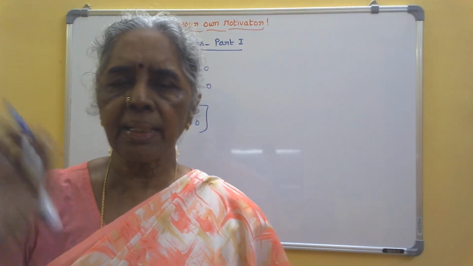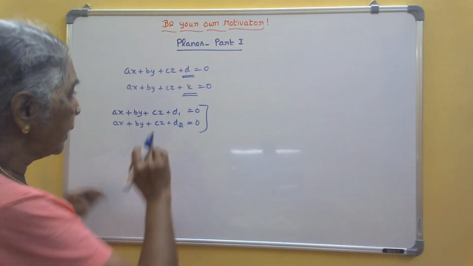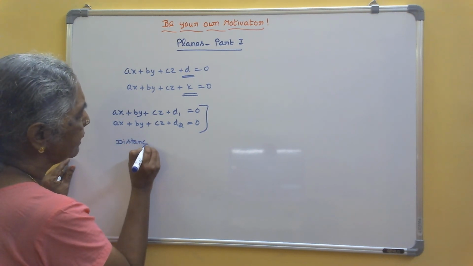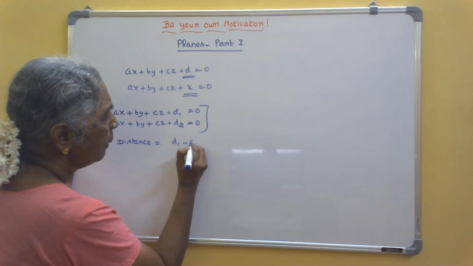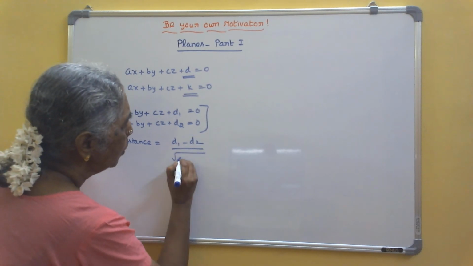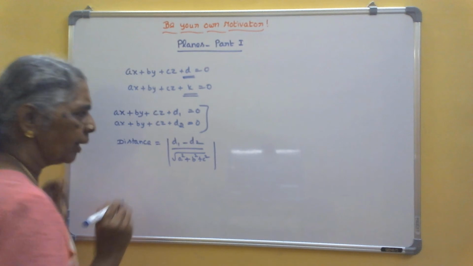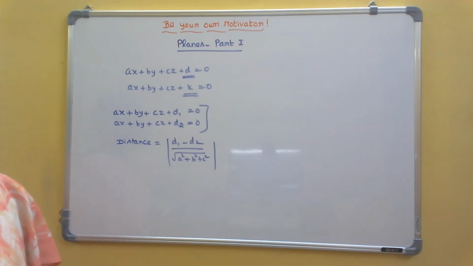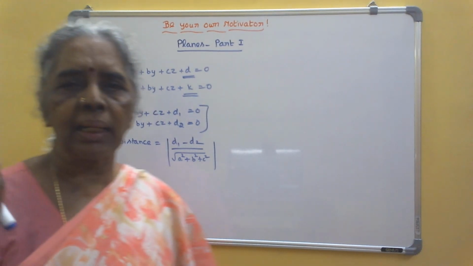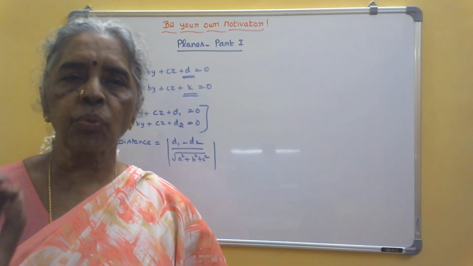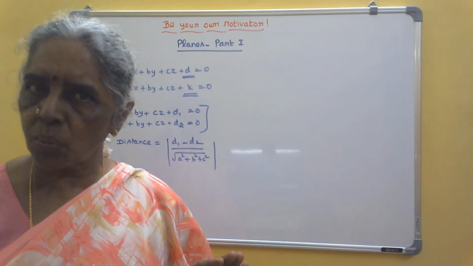Only the constant is differing. Now, the distance between these two parallel planes will be mod of d1 minus d2 by root of a square plus b square plus c square, the whole mod. That's all. So, the distance between two parallel planes is d1 minus d2 by root of a square plus b square plus c square. Okay.